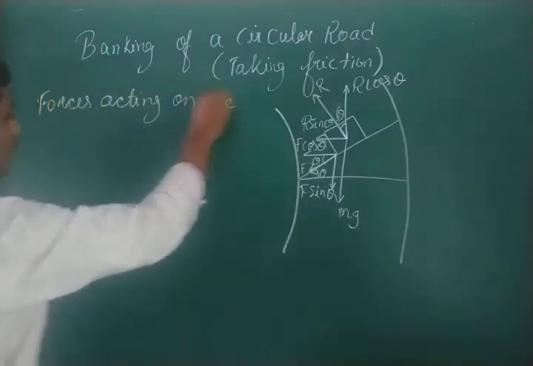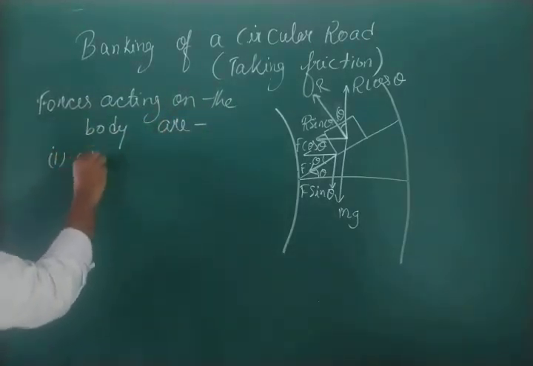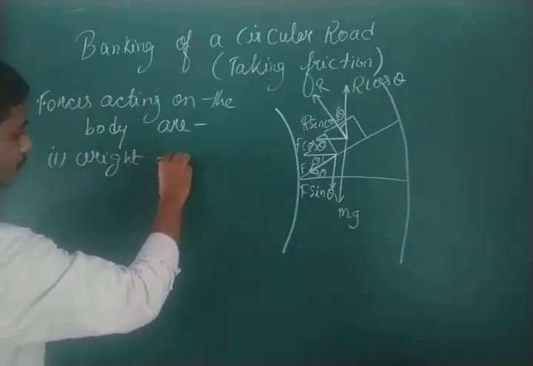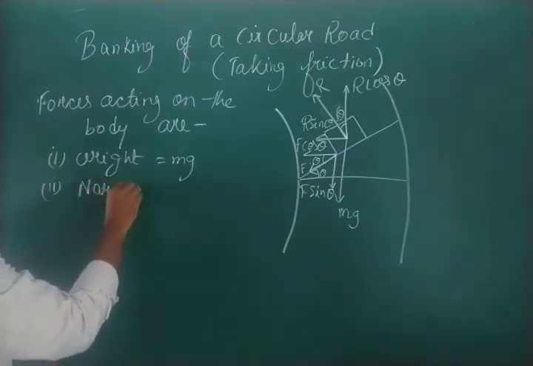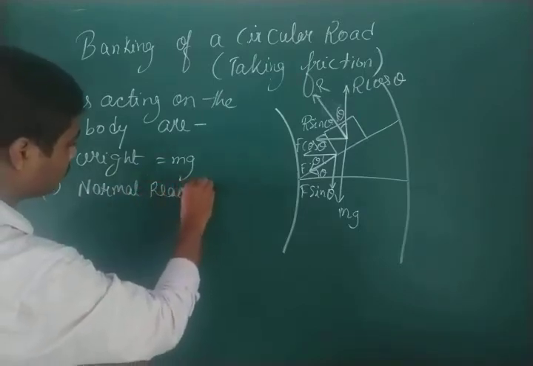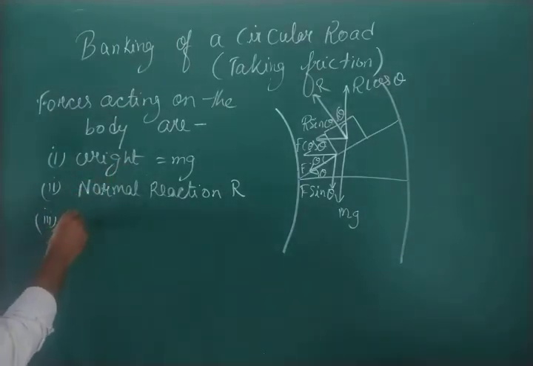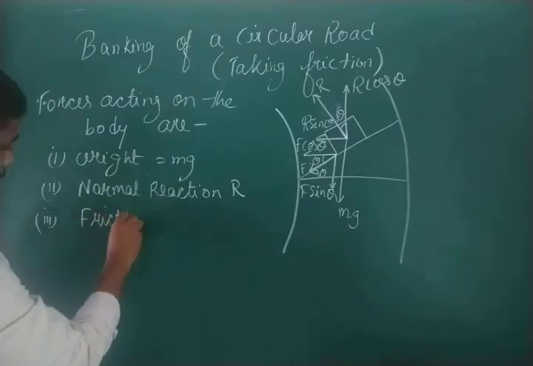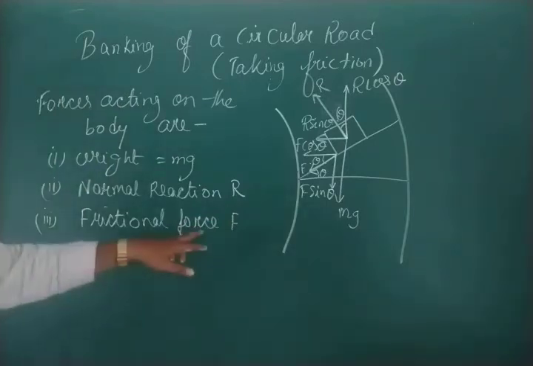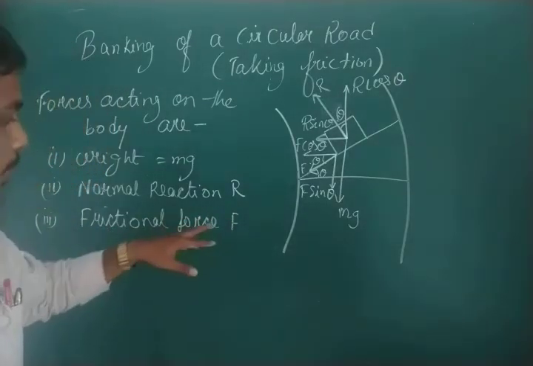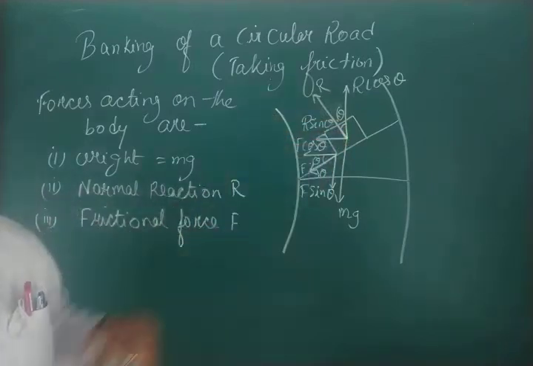Number one is the weight mg, number two is the normal reaction R, and number three we have the frictional force F. The frictional force and the reaction force are resolved into two components, the cos theta and the sin theta components.